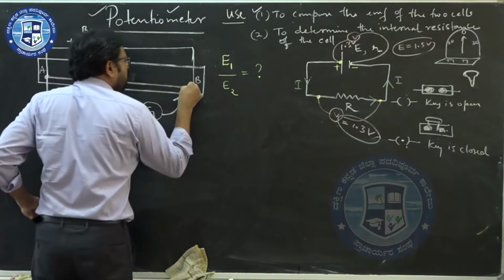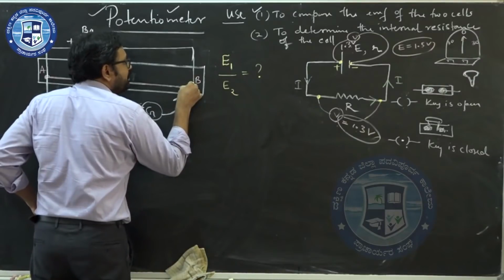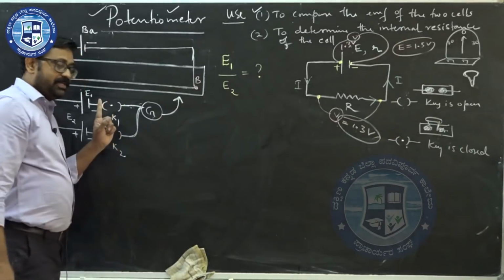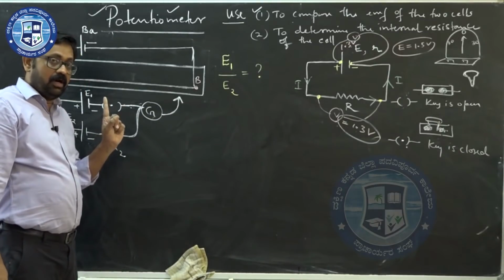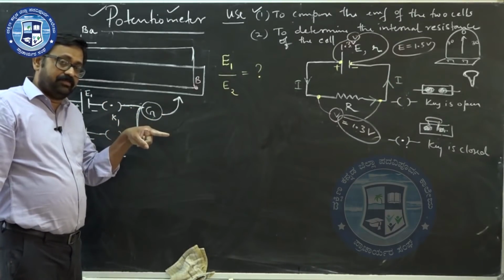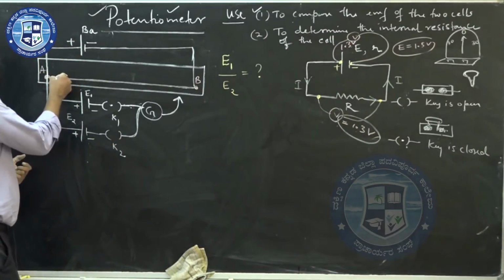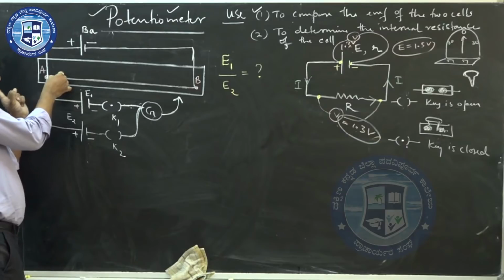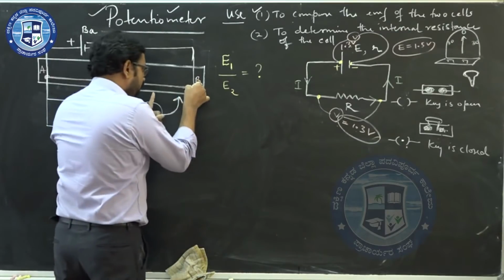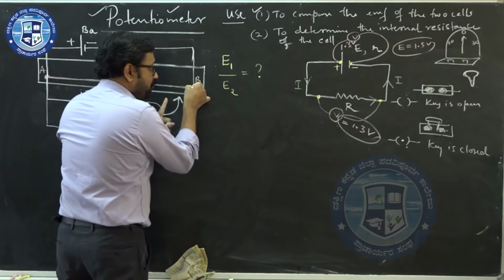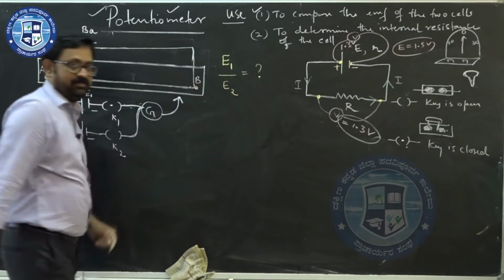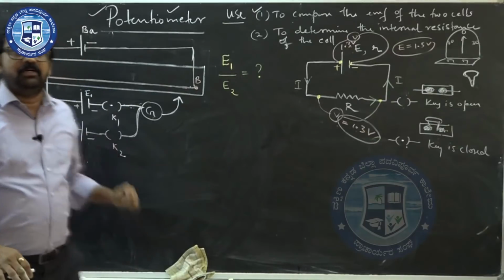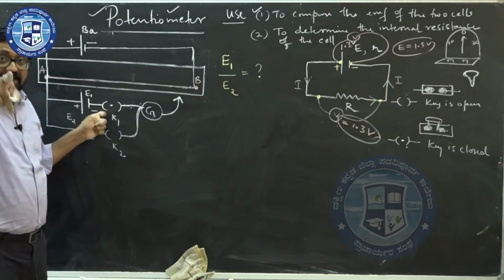Now keep the sliding contact in contact with the wire near end B. Now the pointer in the galvanometer should deflect to the opposite side of the zero. Means when the sliding contact is near end A, the pointer deflects to one side of the zero, and near end B, to the other side. If you observe this, then it is confirmed that the EMF of the battery is greater than E1.